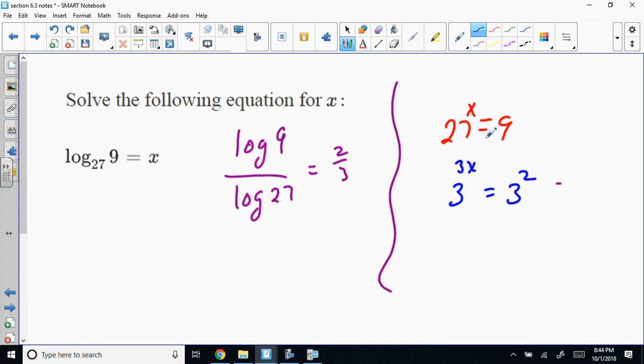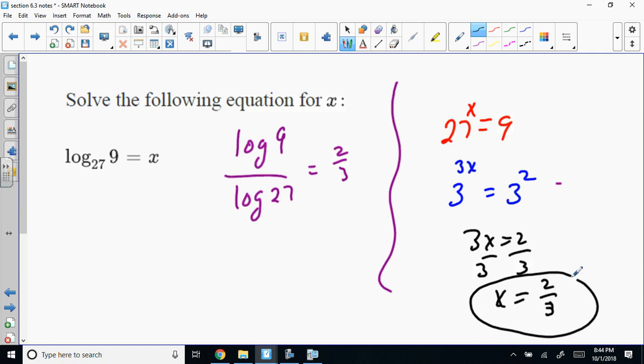So I could rewrite 27 as 3 raised to the power of 3, and power to a power, that's just 3 times x, right? So that's 3x equals 2, so x equals 2/3, right? There you go. Either way is fine. The one on the right would probably benefit you if you're going on to pre-calc or whatnot.